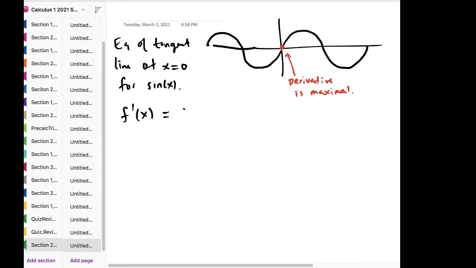Cosine. Okay, what is f prime of 0? One. And then what is 0, f of 0?